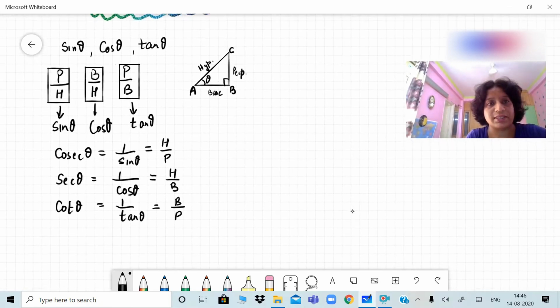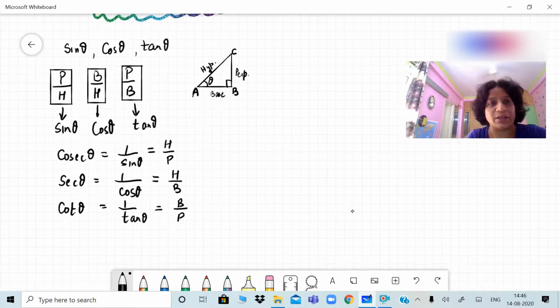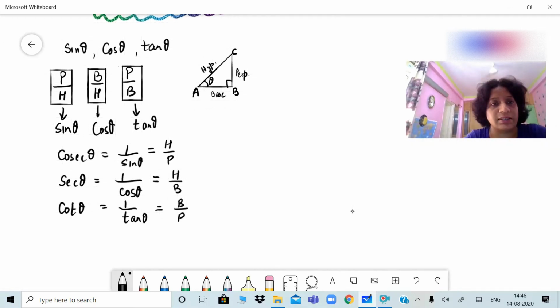We discussed how to find sine theta, cos theta and tan theta from a right angle triangle. In the right angle triangle, AB is our base, BC is our perpendicular and AC is the hypotenuse, because we are considering the angles in relation to point A. I told you one trick to remember: Pandit Badri Prasad Har Bole. Sine of angle is P upon H, perpendicular upon hypotenuse.